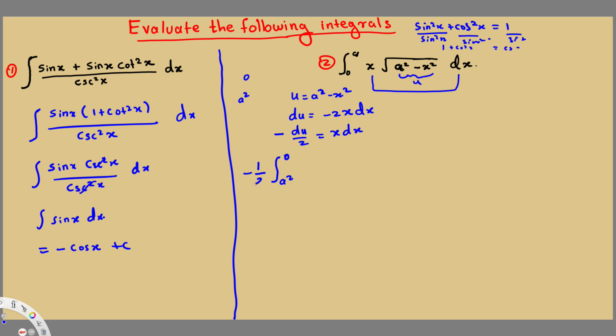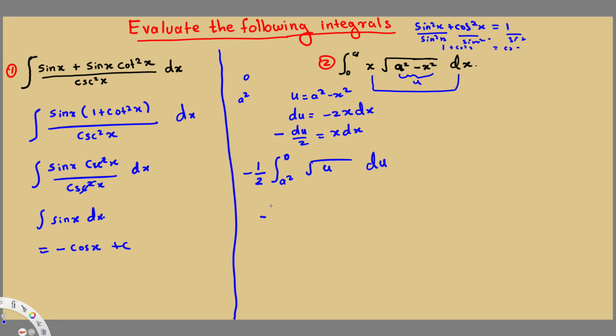So this is going to be minus half in front, and on the other side we are going to have the square root of u, instead of a square minus x square. We have already seen that x dx is minus half du, minus half already taken, du is left, so we can put it right here. Now it's easy to integrate, so let's do the integration.